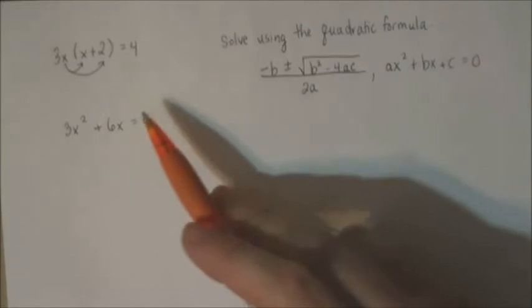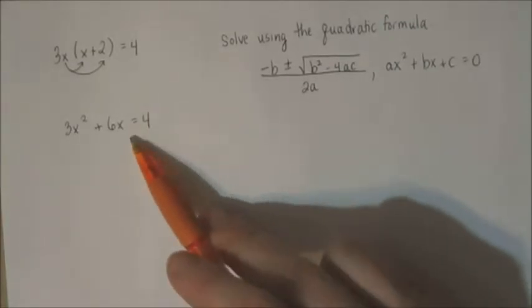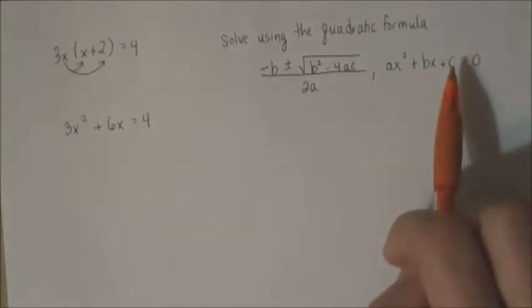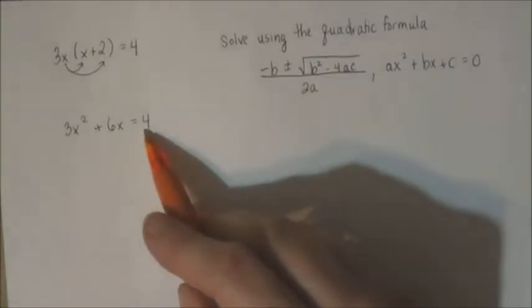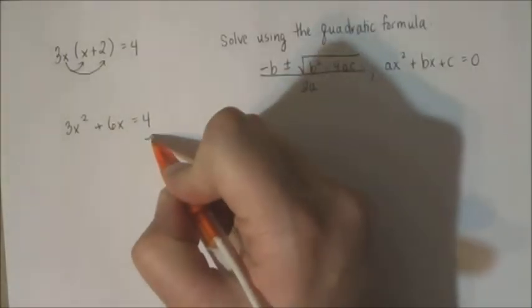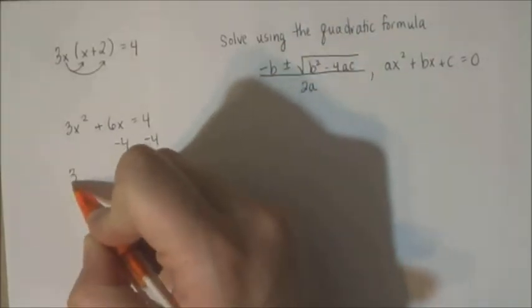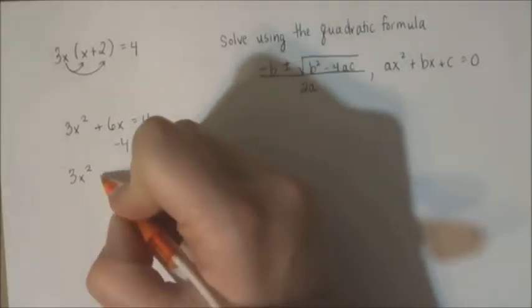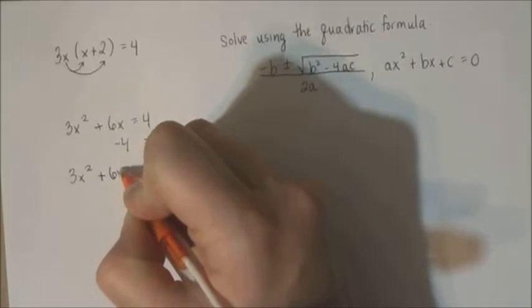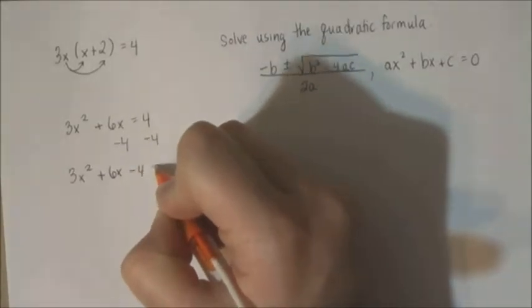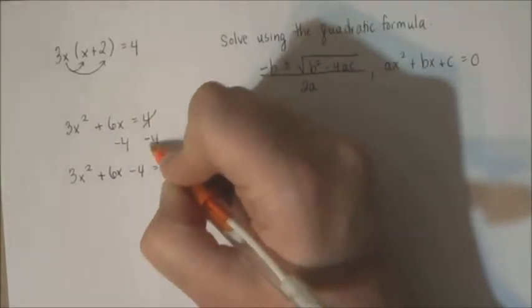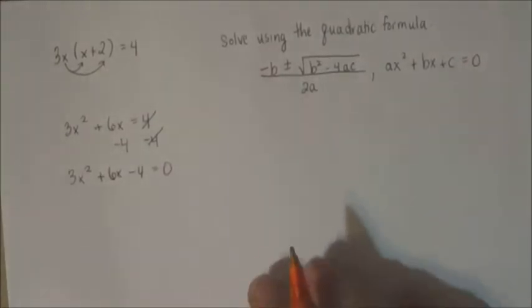So anything on the other side we have to move over here as our constant term on the end. To move our 4 over, we subtract 4 from both sides, and you get 3x squared plus 6x minus 4 equals 0, because on this side you get 0.